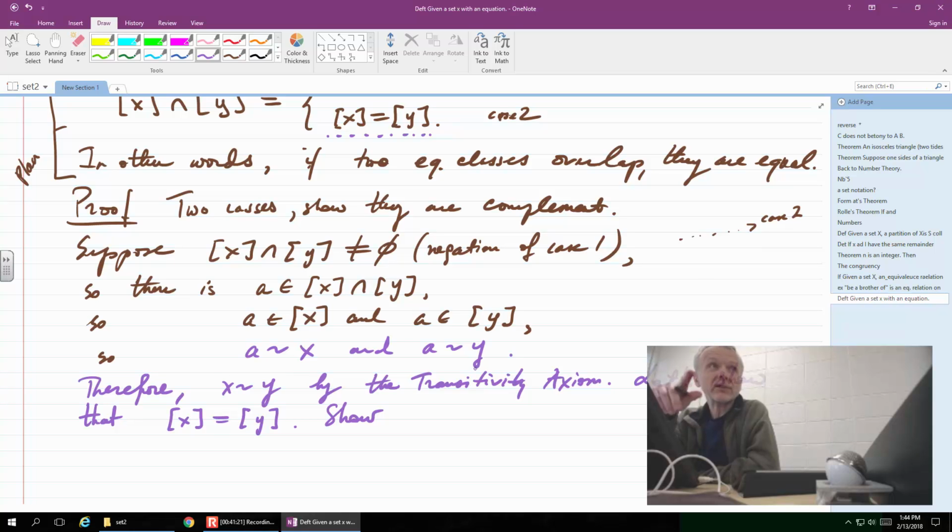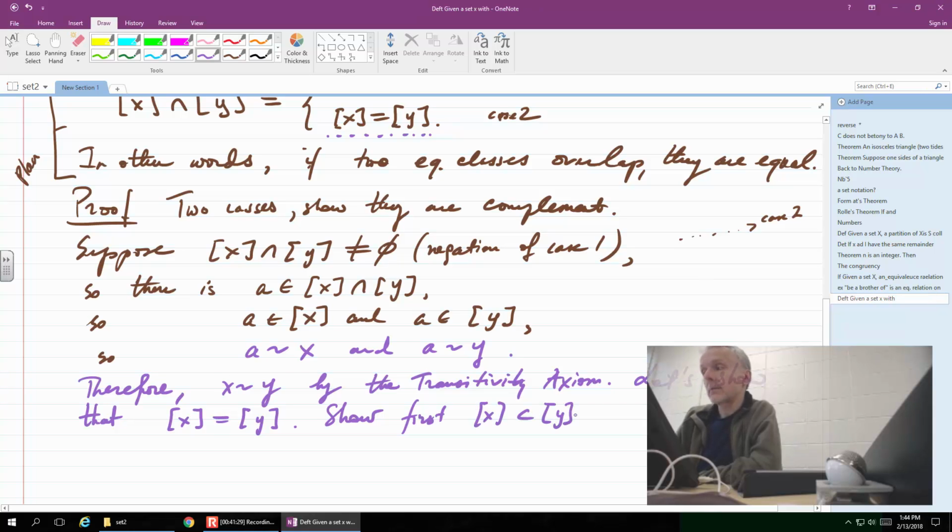What does it mean? It means that one is a subset of the other. So we show first this. In other words, once again, we remember what it means. Let's call it B. So B belongs to the equivalence class of x.